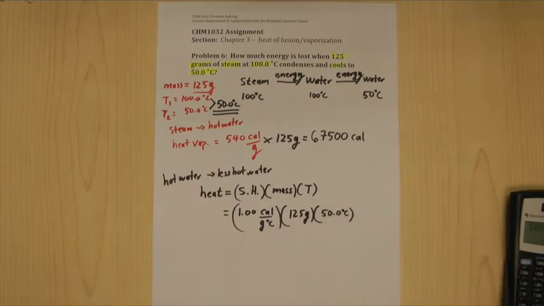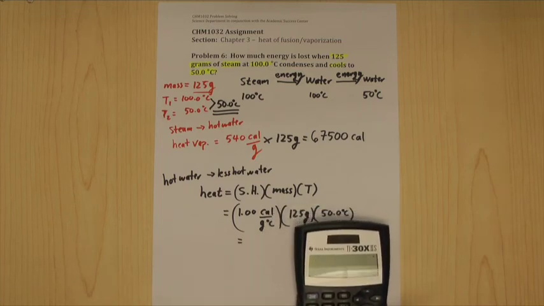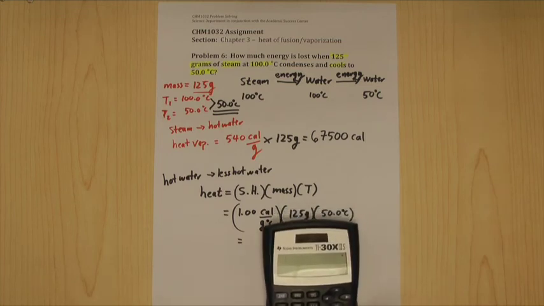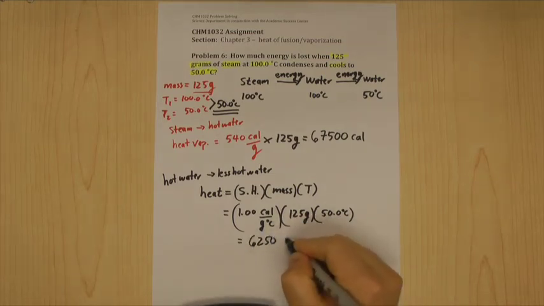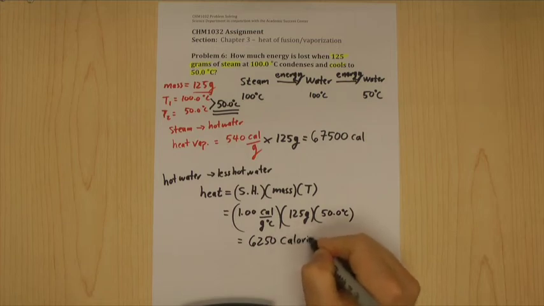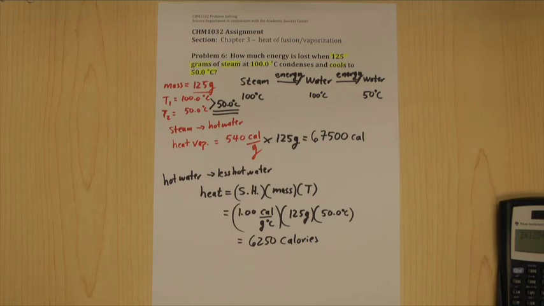Okay, so that's the expression, that's the setup. So now, get that calculator nice and organized here. There we go, that's pretty good. 1 multiplied by 125 multiplied by 50 is 6,250. That's how many calories it takes to cool the water to 50 degrees.